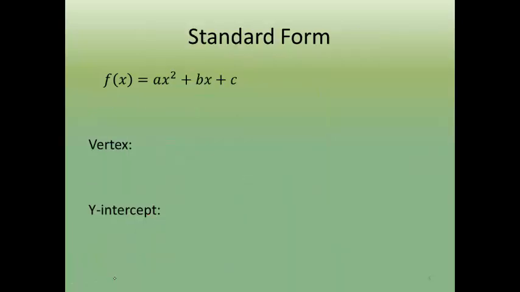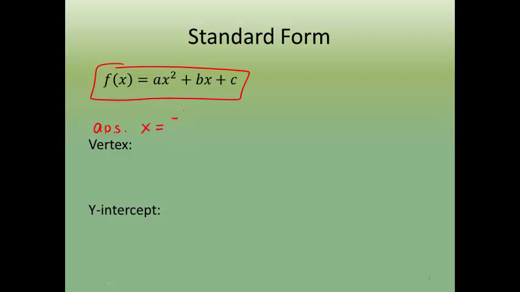All right, the next one is standard form, and I'm starting you off with what standard form is, and we know this because it's what we use often when we factor, and it's also what we use for the quadratic formula. So our vertex actually starts by us finding the axis of symmetry. That means that we have to find the x value of the vertex first.